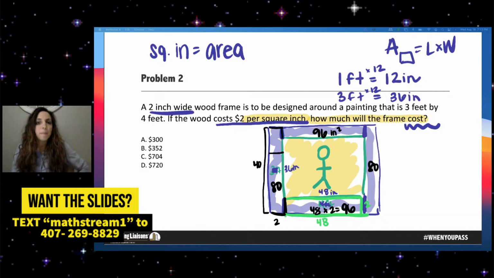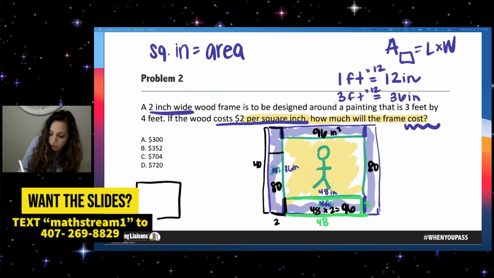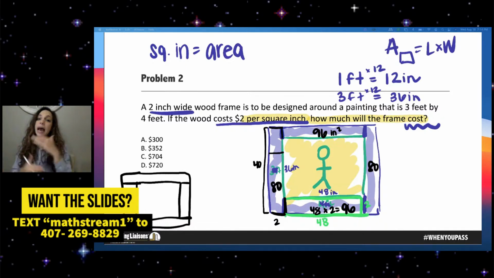Great question. Because the way I chopped my frames up, I didn't need to. The way you chopped your frames up, you might have done your painting, and then you had your frame, and you might have chopped your frames this way. And in that case, you would have had to add 2 to the other dimension. And that's okay, it doesn't matter.